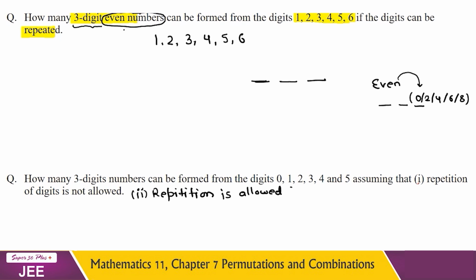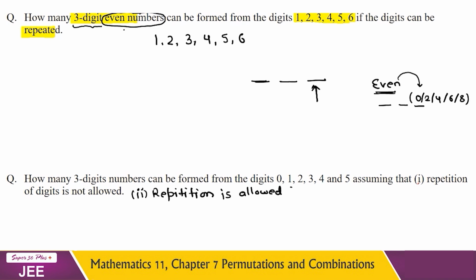Since we are concerned with finding the total number of 3-digit even numbers, the first priority will be given to place 3. Why? Because in an even number we have to first confirm whether it is ending with an even digit or not. So I am giving the first priority to the third place.